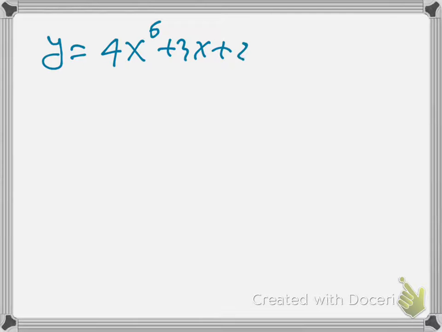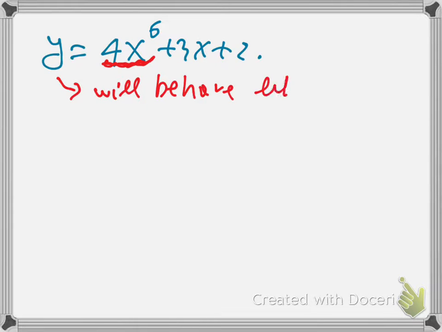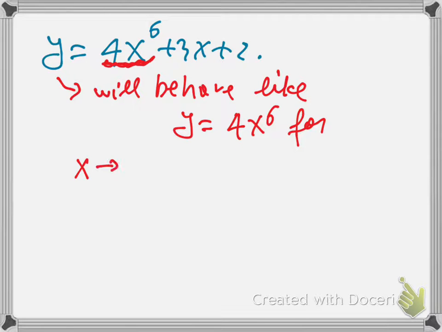So let's look at y equals 4x to the 6 plus 3x plus 2. We're going to look at only the leading term. So our graph will behave like y equals 4x to the 6 for x going to plus or minus infinity.